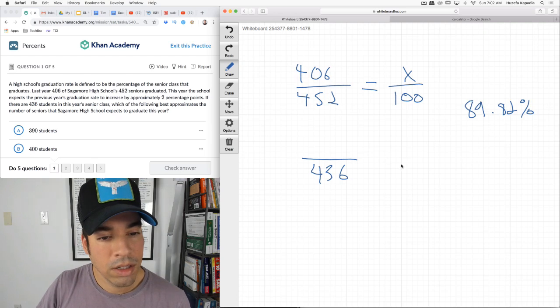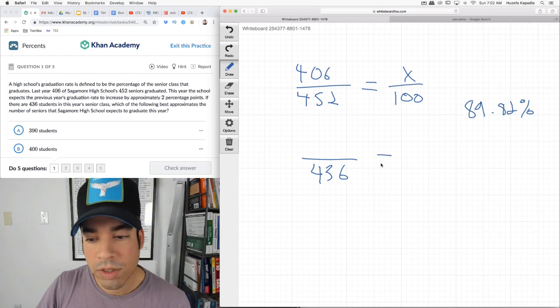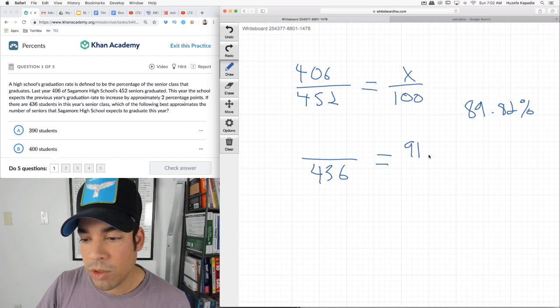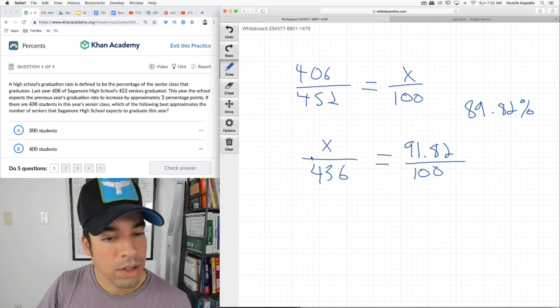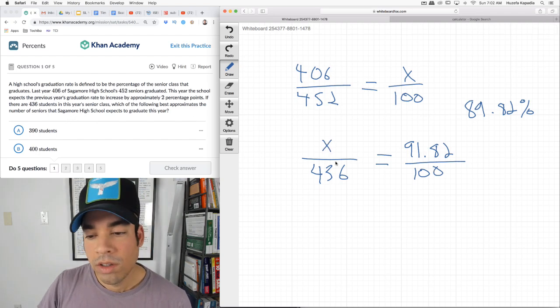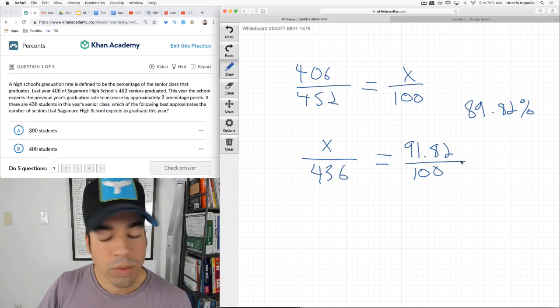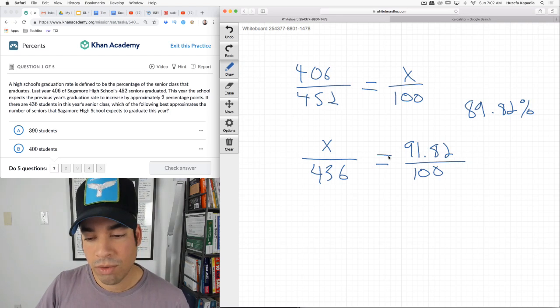They expect the percentage to raise by 2 percentage points. So we could say it's going to be 91.82. I'm using my percent proportion, 91.82 out of 100, and this equals X, right? So it's supposed to go up to this, and then the question is, what is 91.82% of 436?